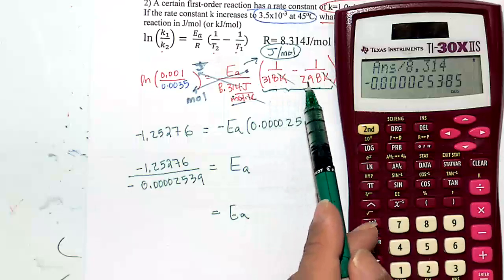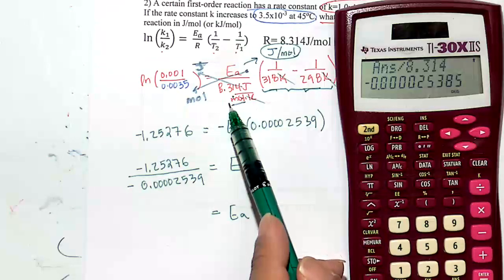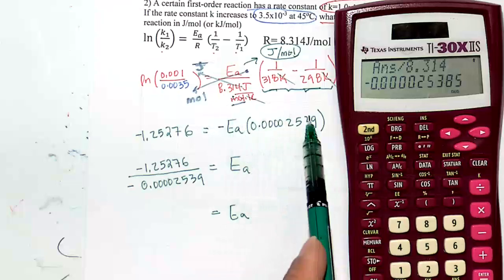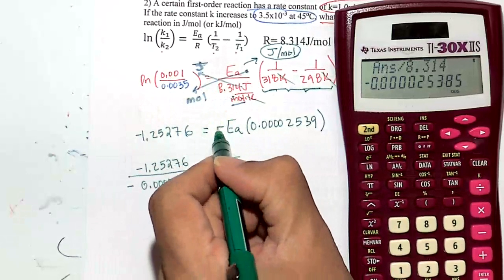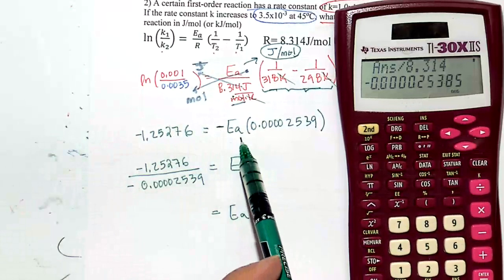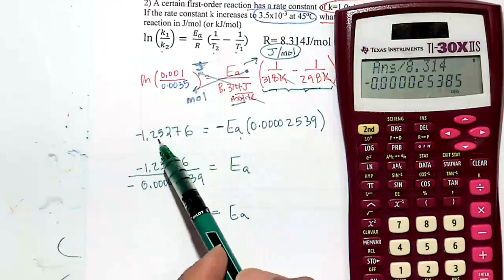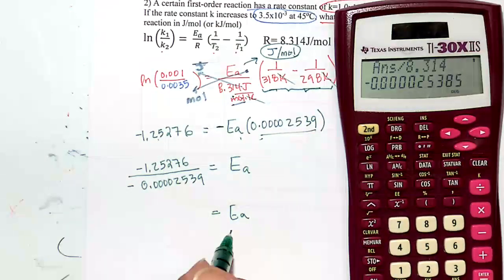So I think we're good. 1 over 318 minus 1 over 298 divided by 8.314 is going to be this number. We have the EA in the numerator. There's a minus sign also. The minus signs cancel, and then EA is equal to this number divided by that number, taking this to the other side.